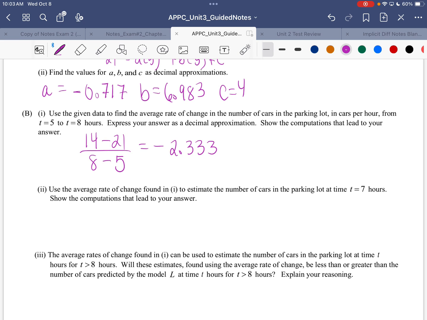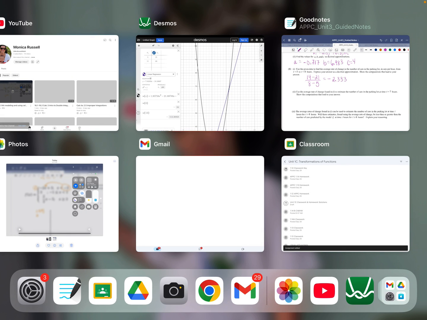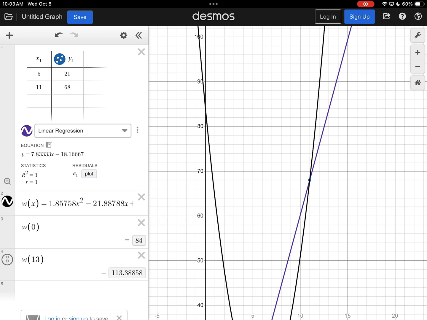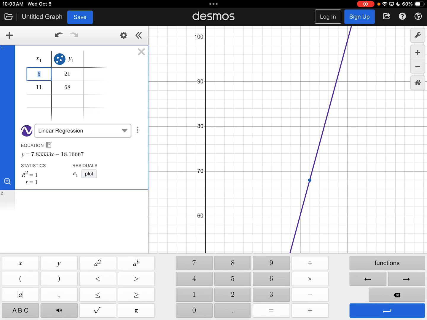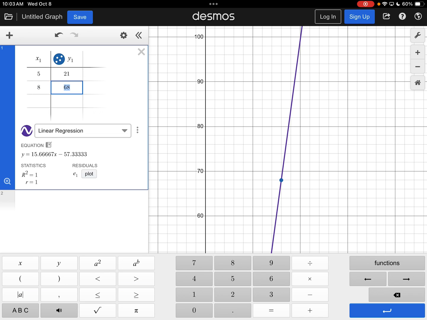You could do it 2 ways, but here's the fast way to do it. You have the points. And what points did we use to find it? 5 and 8, right? So we should use the same points. At 5, the y value was 21, and then at 8, is that the right y value? Okay. At 8, the y value is 14. It's trying to have you write the equation of a line.